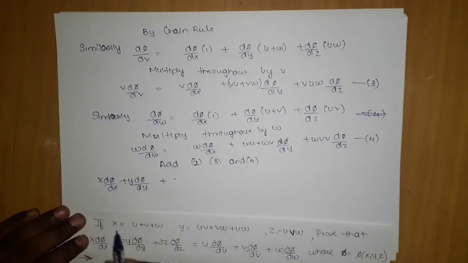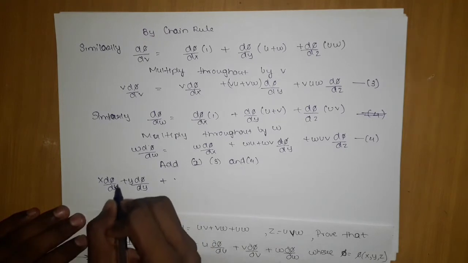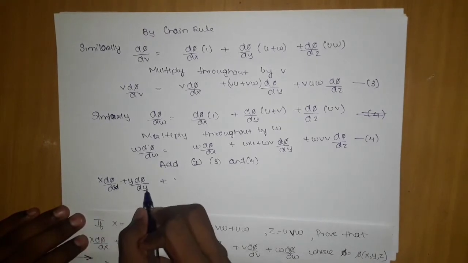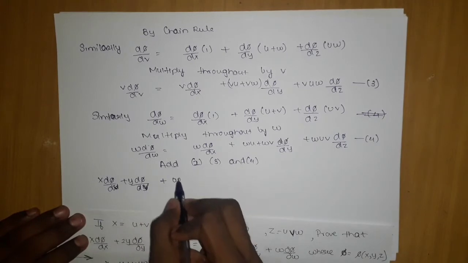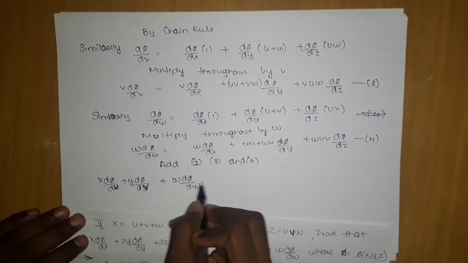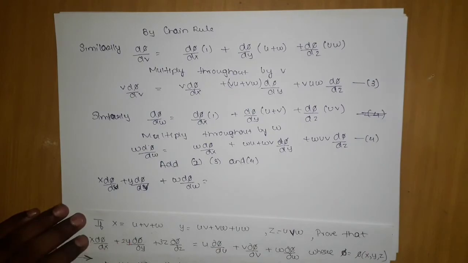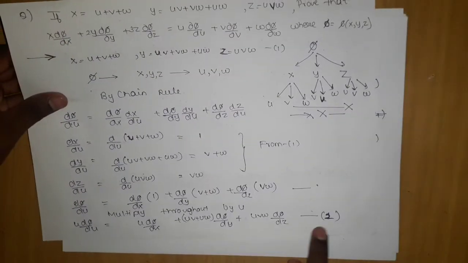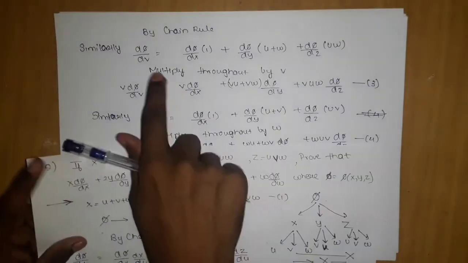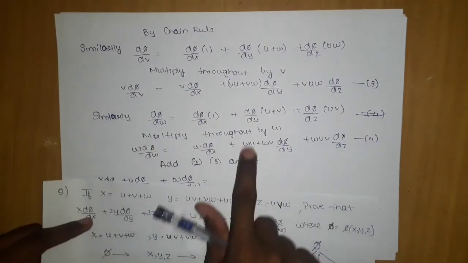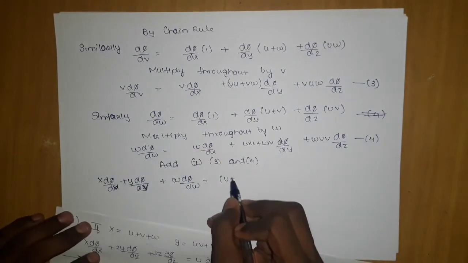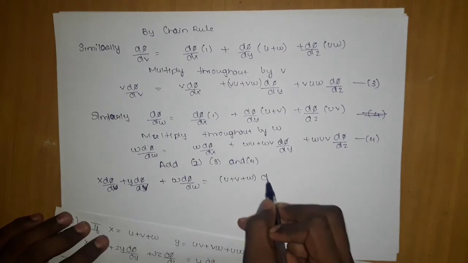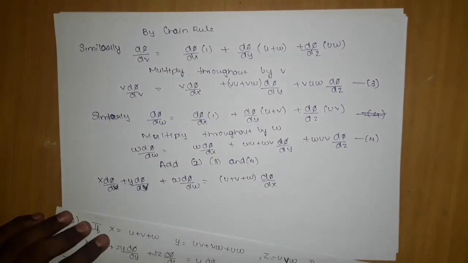So if you add, you are going to get ∂φ/∂u, ∂φ/∂v and ∂φ/∂w. Now we have to verify this. Here if you observe clearly, we have here in the first one u, here we have w, v, here we have w. So it will be u plus v plus w into ∂φ/∂x firstly.